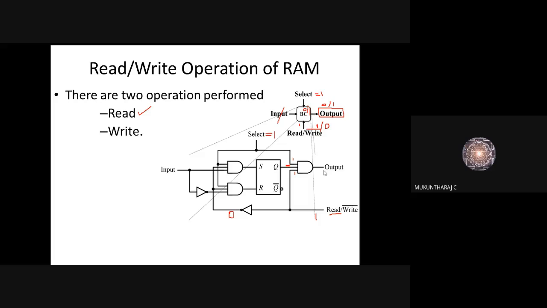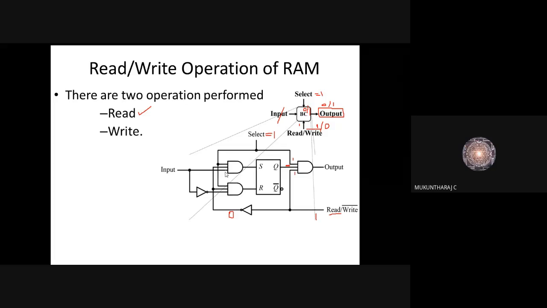Now come here. At the input of the SR flip-flop, we have 2 AND gates. These 2 AND gates also have 3 inputs: one from the select line, another from the control line, that is the read/write operation line, and the third from the input line.